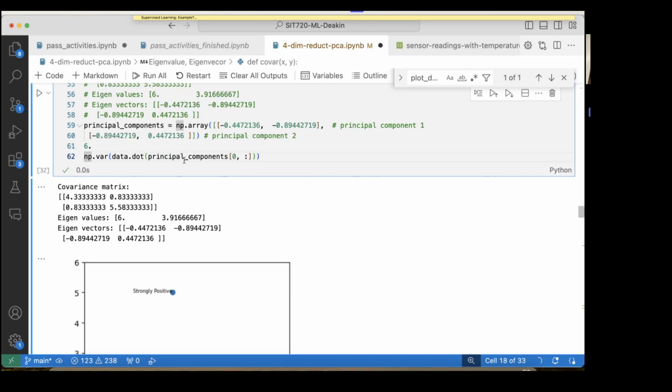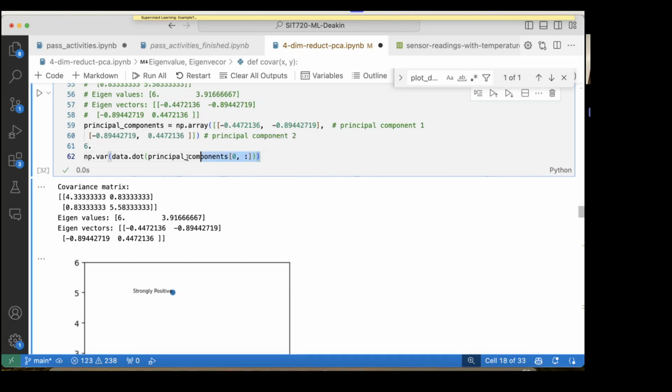Actually, this is variance for the transform feature, but this is called sample variance. If you remember, sample variance will divide by n, but let me calculate the population variance, okay? Population variance will divide by n minus 1, right?